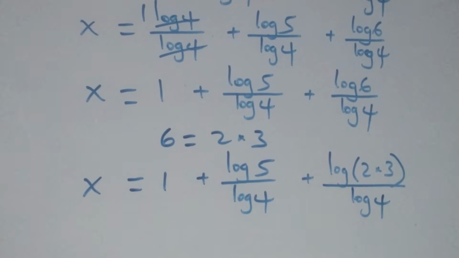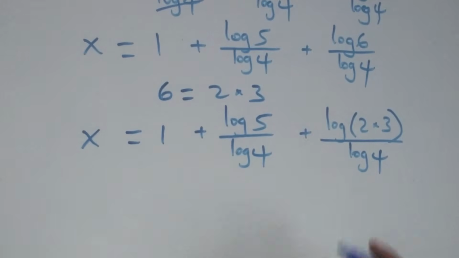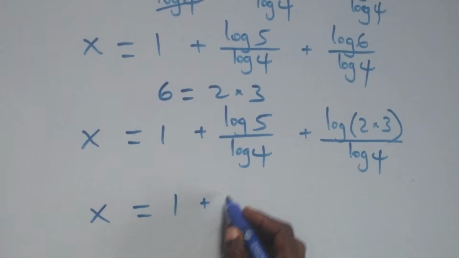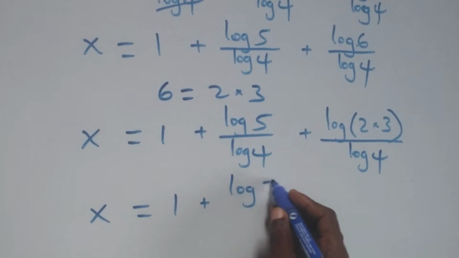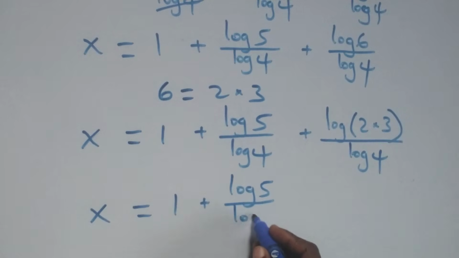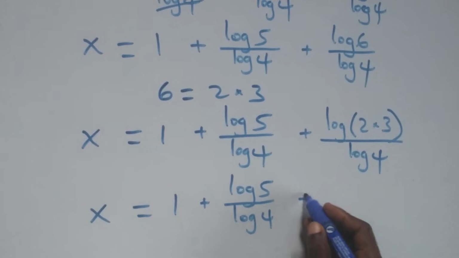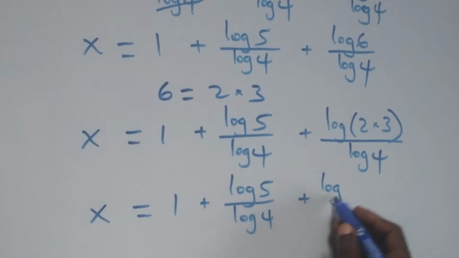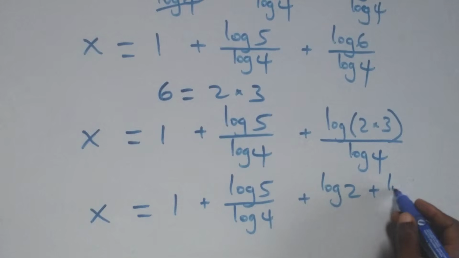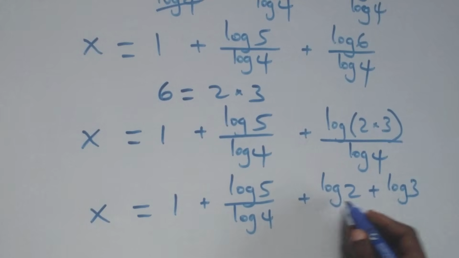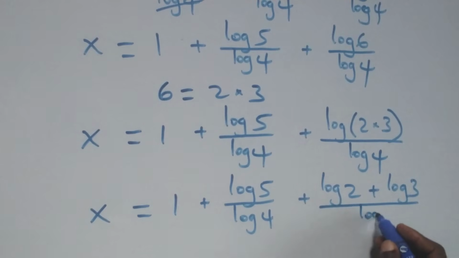When we apply the law of logarithm, also we have x equals 1 plus log 5 over log 4 plus log 2 plus log 3 over log 4.